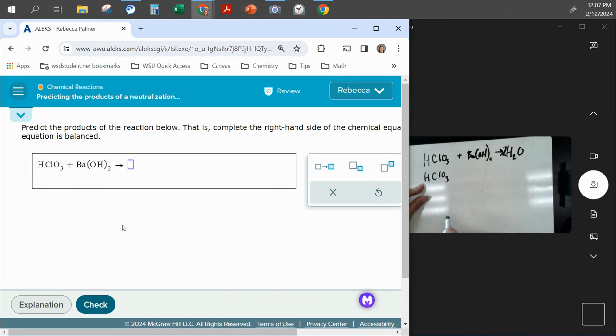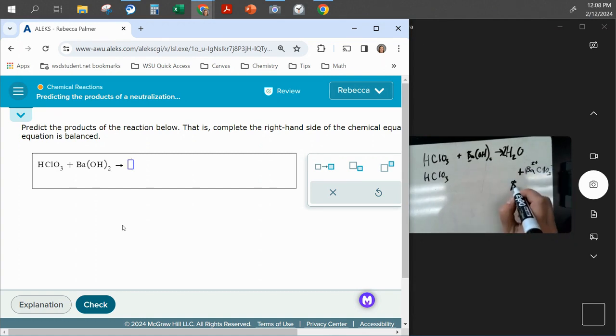Okay, does that make sense? And then I need to figure out what else I formed. Well, I have barium. Barium's going to go first. And then I have chlorate, ClO3. Barium is a 2+ charge. Chlorate is a 1- charge.